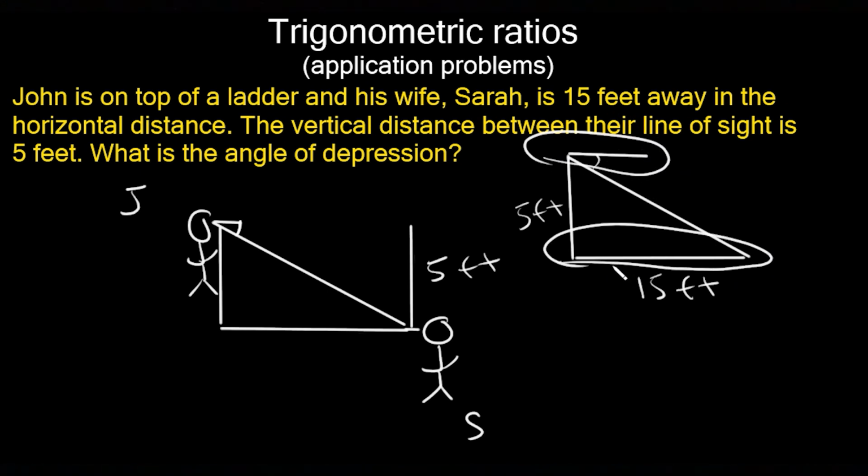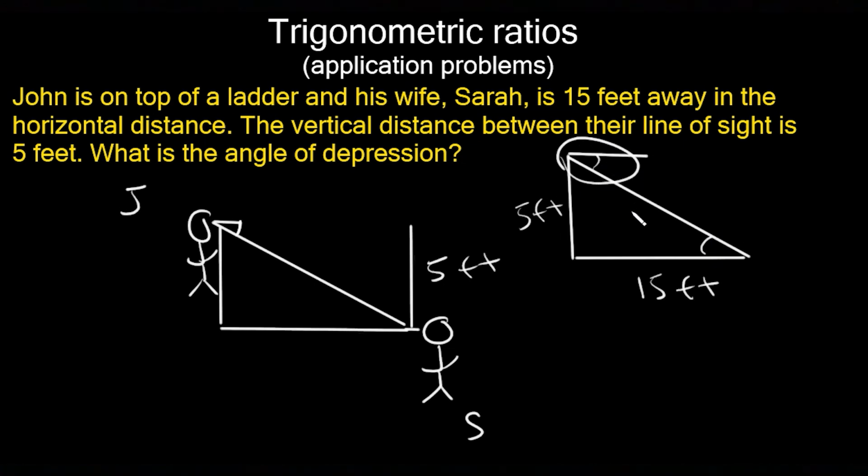And I have a line intersecting them, meaning I'm going to form alternate interior angles here, which means this angle right here is going to be the same as this angle right here that I already put on, okay? So all I really have to do here is find this angle, and it's going to match up with my angle of depression, which is right here, okay?